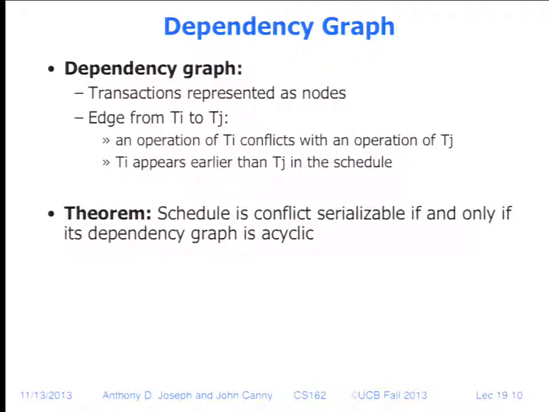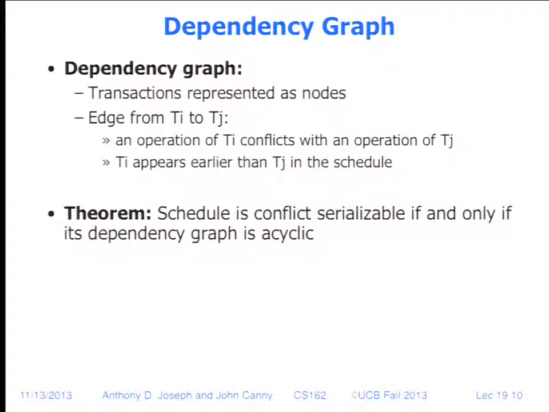So there's a more compact way of answering the question, which uses a dependency graph. And the idea of the dependency graph is it's a simple layer built on top of the conflict arrows that basically makes the argument that I just made, that one transaction has to be after the other one. And when you get a cycle in that ordering, it means that there's no correct ordering. There's no linear ordering of the transactions, which would be a serial ordering.